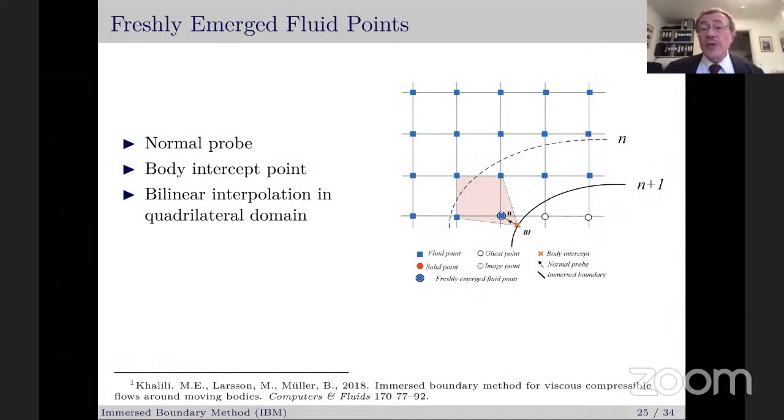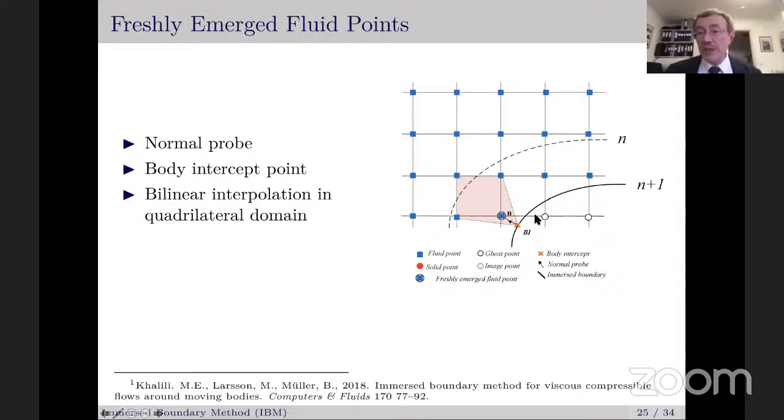Now, moving boundaries. In moving boundaries, we have the problem that points that were previously ghost points might become fluid points. Here we have such an example. This would be the boundary at time level n. This the boundary at time level n+1.